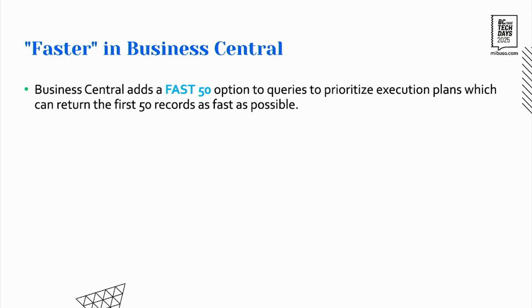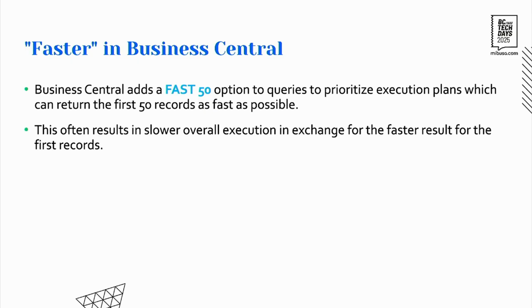So in every query that is generated from AL code and sent from Business Central to the SQL Server, there is this option FAST 50 added, which means that we expect SQL Server to return the top 50 rows as fast as possible, while the rest of the query, well, we don't care that much about. It can be way slower. That's what I was talking about. The total query result will be received later and slower.